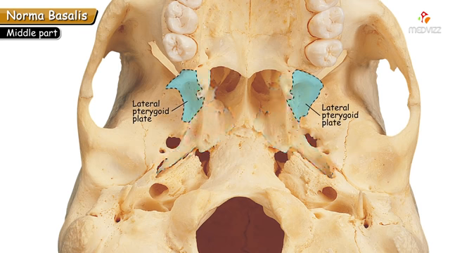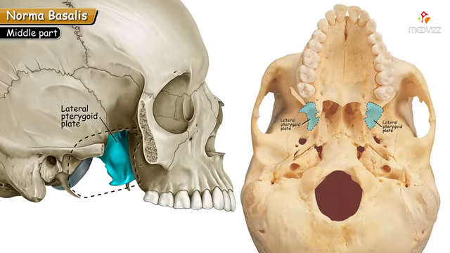The lateral pterygoid plate is quite broad, and it forms the medial wall of infratemporal fossa, which is well appreciated in Norma lateralis.